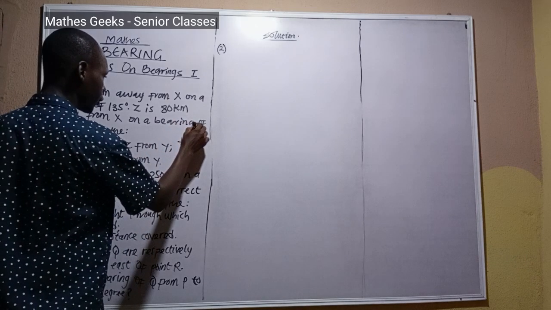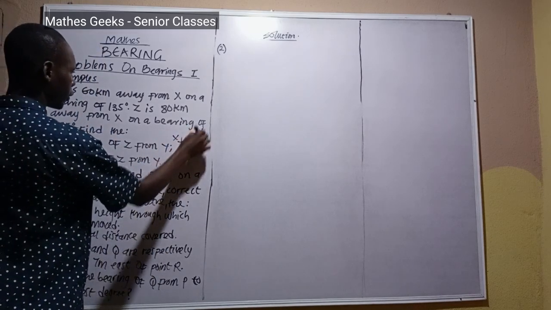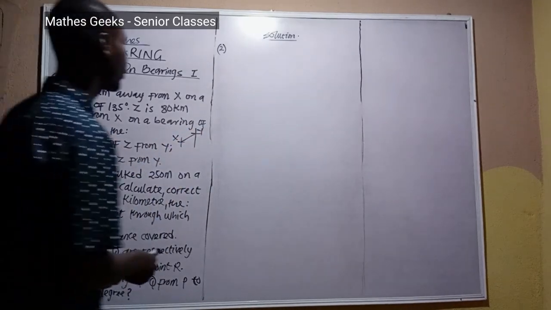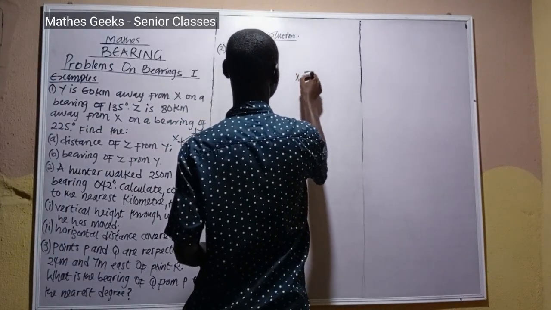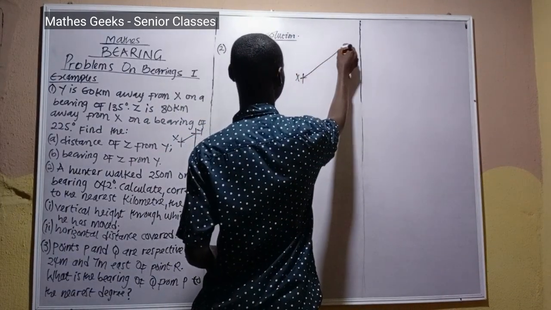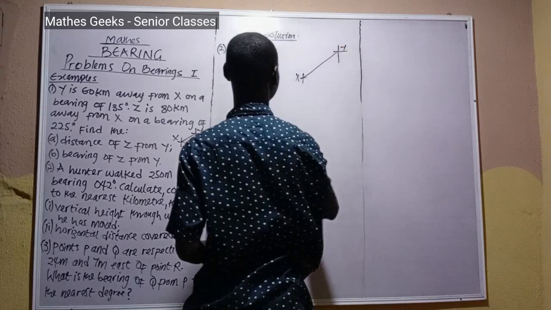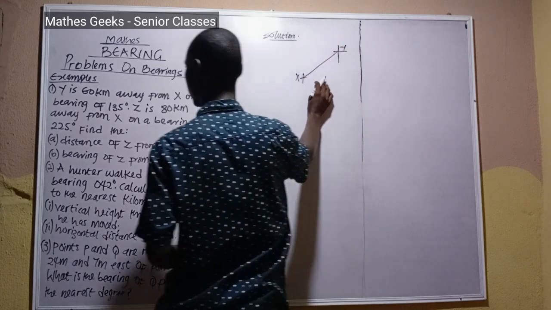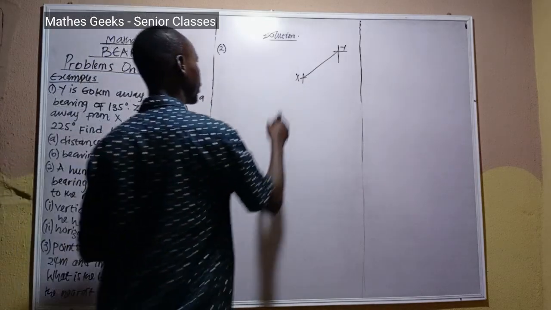So at this point, let's say this is the starting point x, and this is y. From here, the hunter moved this way. The distance is what? The hunter walks 250 meters.